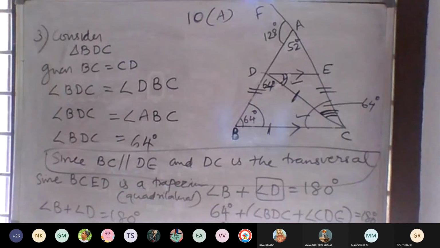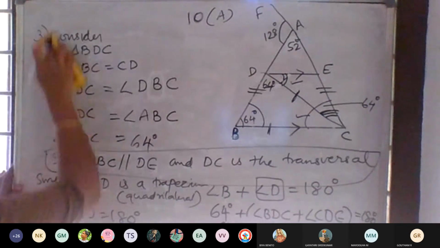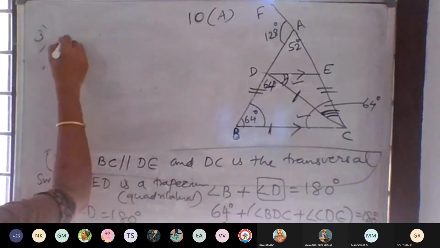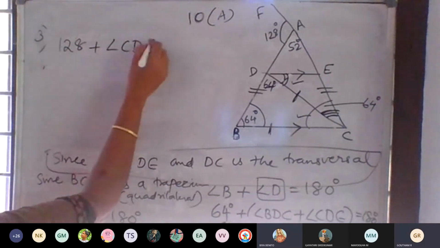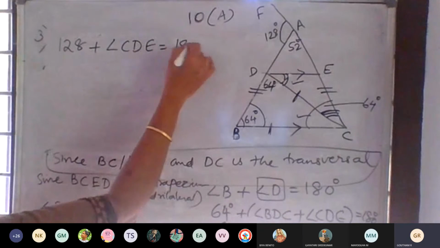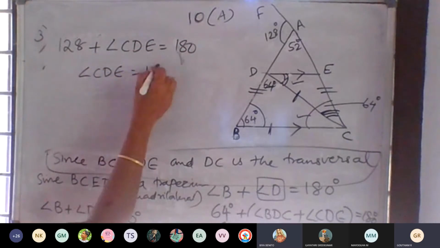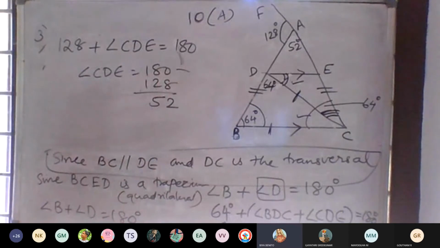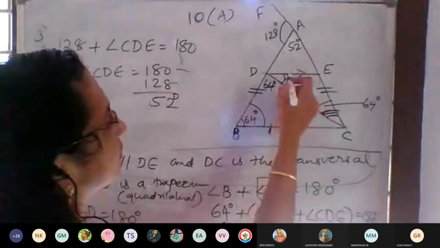So what will be angle CDE? 64 plus 64 is 128. 180 minus 128 is 52. So this angle we got as 52.